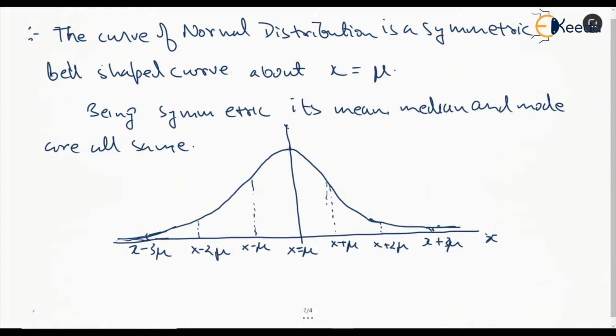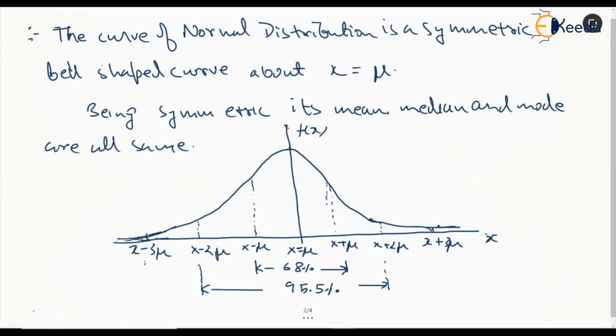We're just approximating it. So this function of x for this range of minus mu to plus mu will actually cover 68% of the overall distribution. And for x minus 2 mu to plus 2 mu, this will almost cover 95.5%.